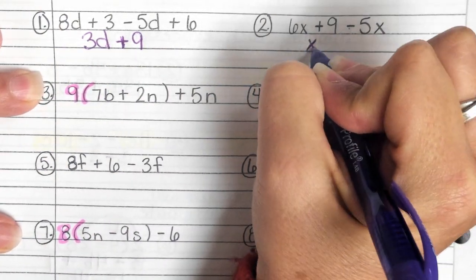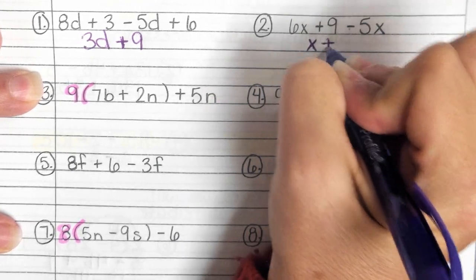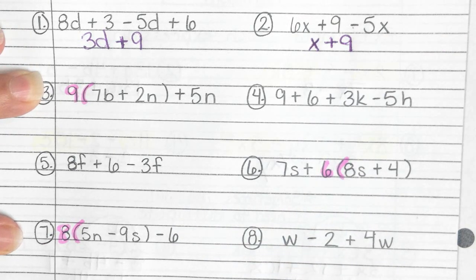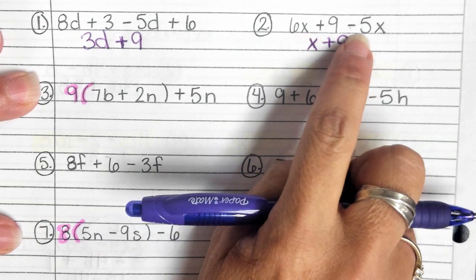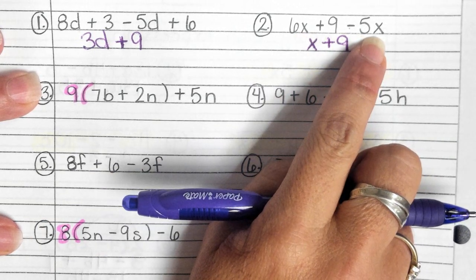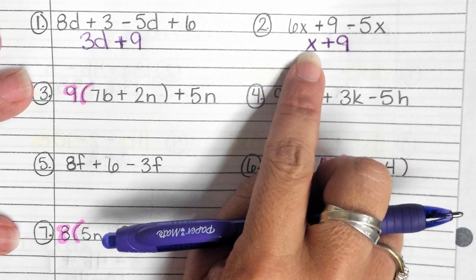Listen, make sure you have just x. It's not 1x, it's just x plus 9. Everybody good so far? Okay. Listen, if you have 6x and you take away 5x, you have 1x. We try to drop the 1.